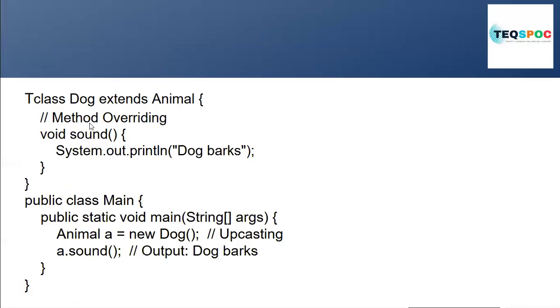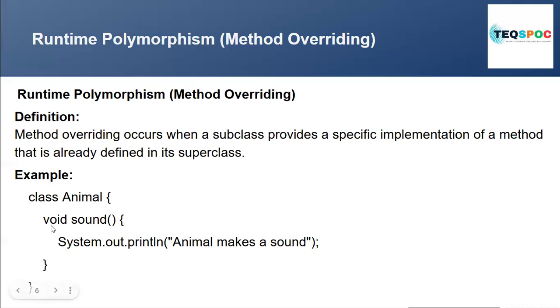Now we will override the method. Here is one method, sound, which is doing some operation, meaning the animal is making a sound.